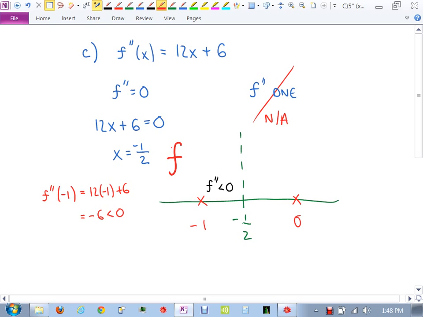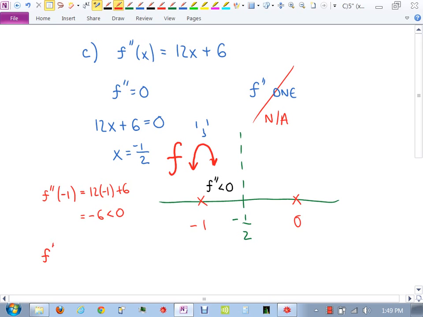Concave down. So it's frowning, isn't it? So I'm going to put a frown like this. If you want, you could put in a little face there. You don't have to, but it's an option.